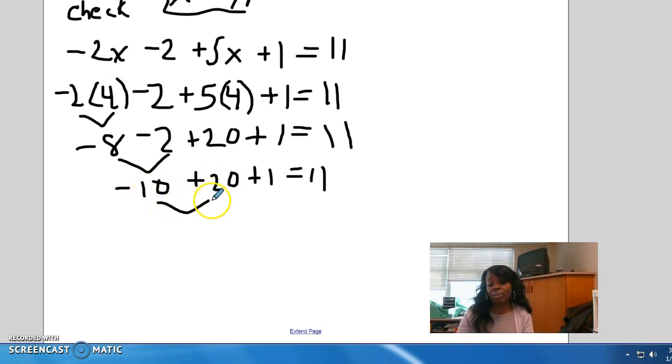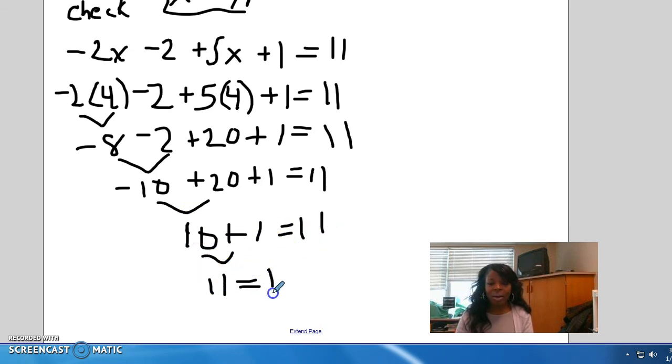I have more positives, right? So I take the difference. 10 plus 1. Does that equal 11? Let's see. Ta-da! 11 equals 11. So we have solved multi-step equations with negative coefficients and negative constants.